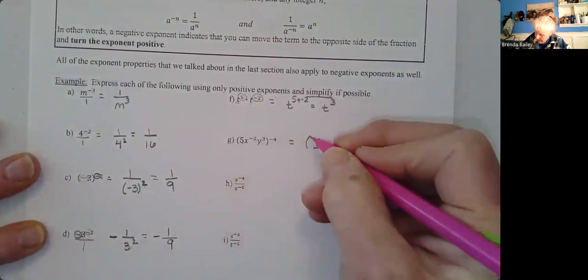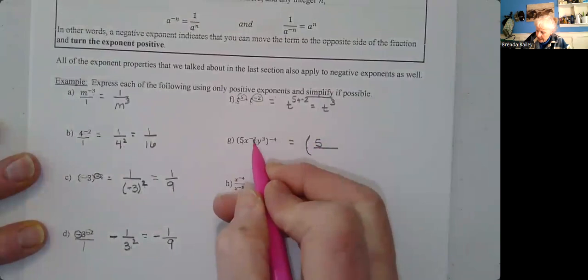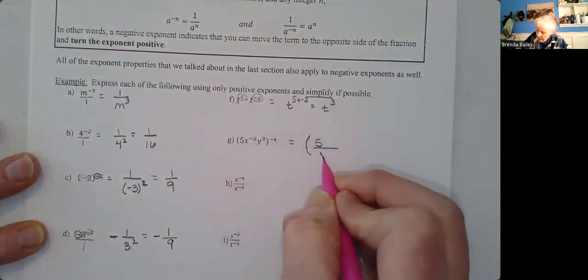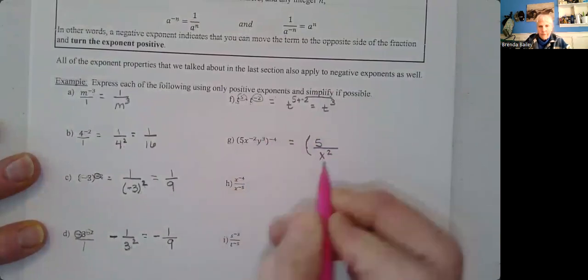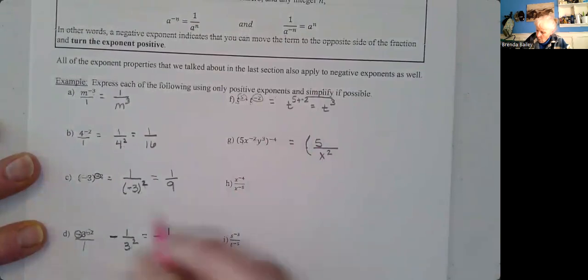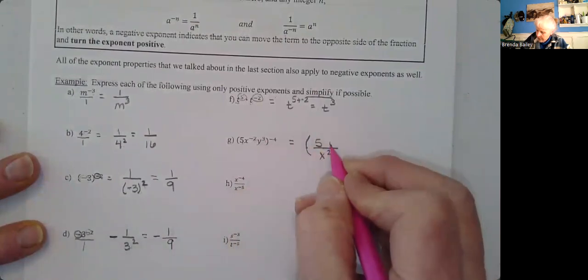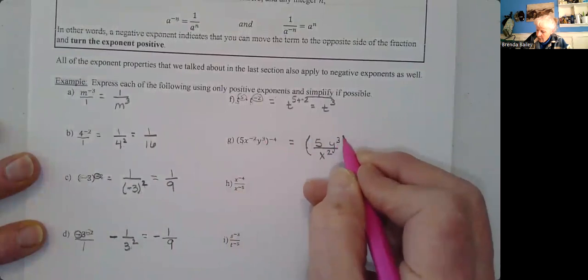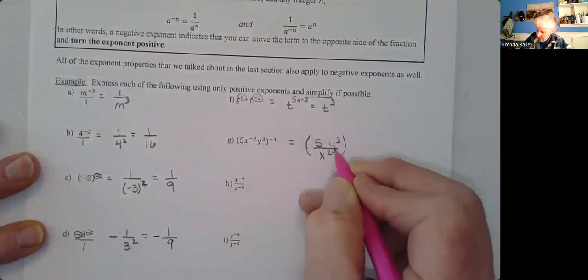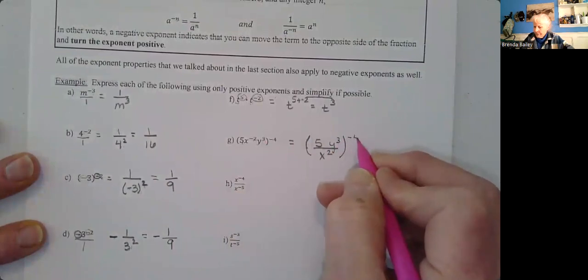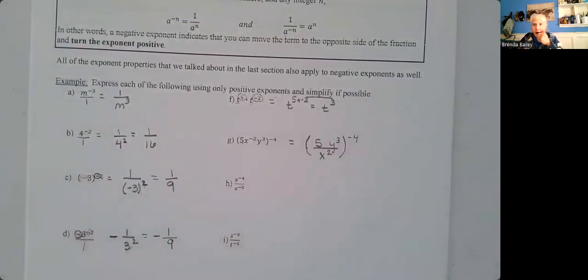And this X is a -2, so it comes underneath and becomes a +2. The Y cubed stays because it's positive. It's not going to go anywhere. Only if it's a negative do you switch. So I simplified inside.